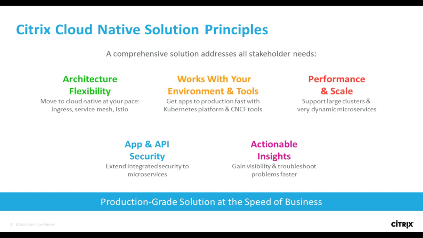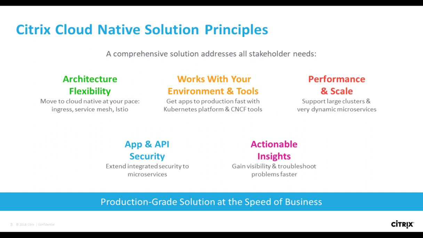The third area which you have to look at to evaluate various solutions is performance and scale. You should be able to support a large number of clusters and also have the ability to support very dynamic microservices. That means that they can come and go.